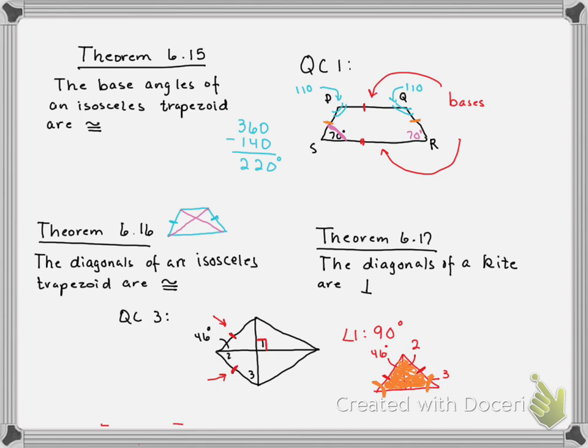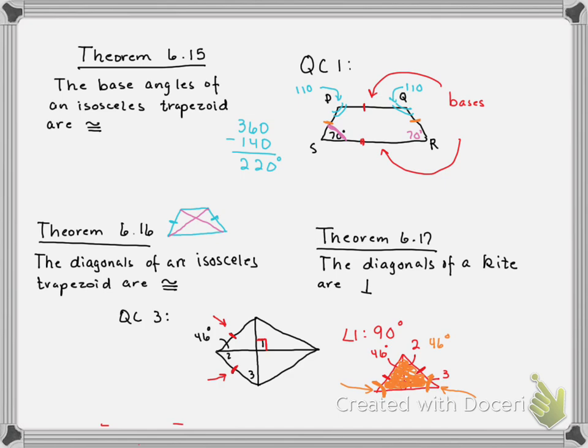So in an isosceles triangle, opposite angles from those congruent sides are also congruent. So that means that this angle right here and angle 3 are exactly the same. Okay? So angle 2 then also has to measure 46 degrees.